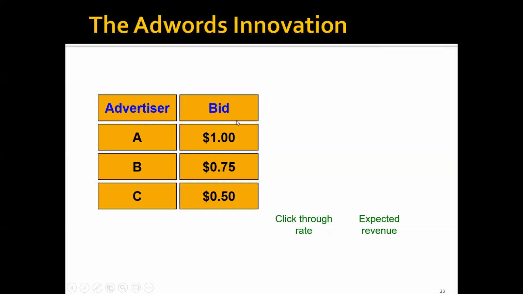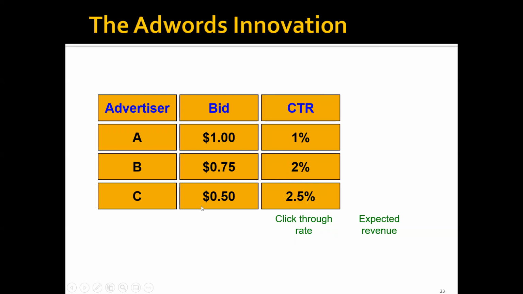And the innovation of Google's AdWords is that you want to actually maximize the expected revenue, right? So if you only consider the bid, it's actually not the optimal solution. This is why they also consider the click-through rate, or CTR.